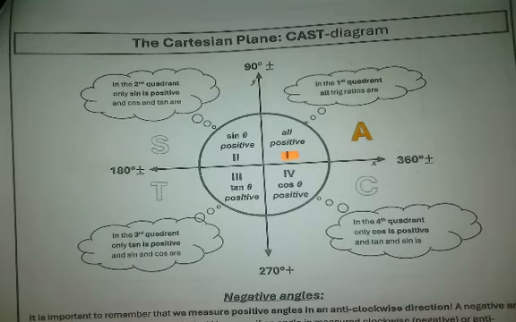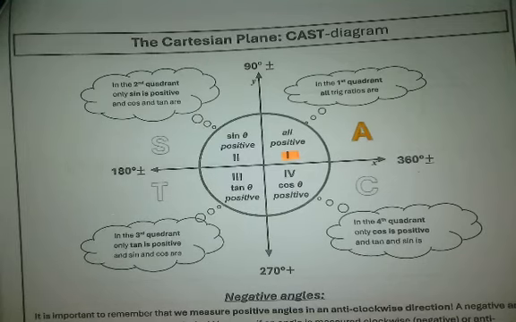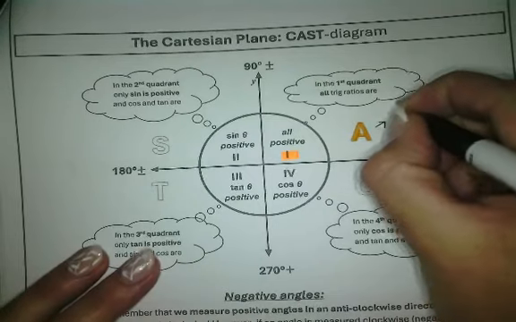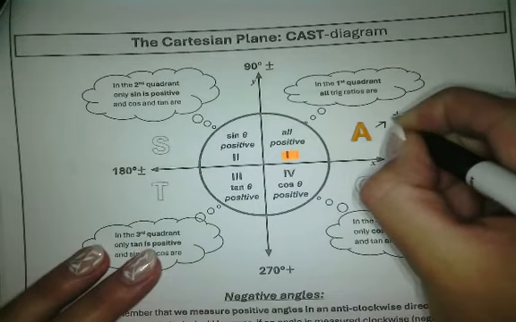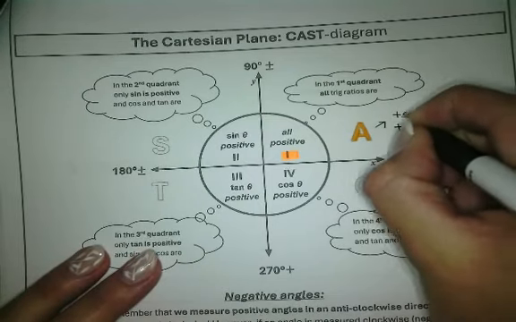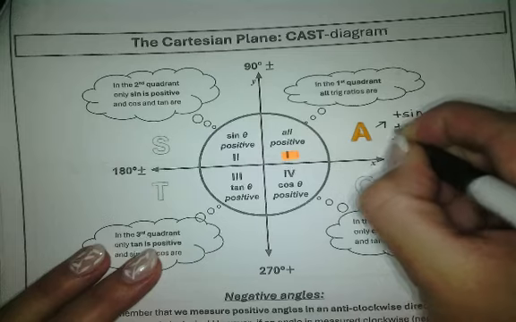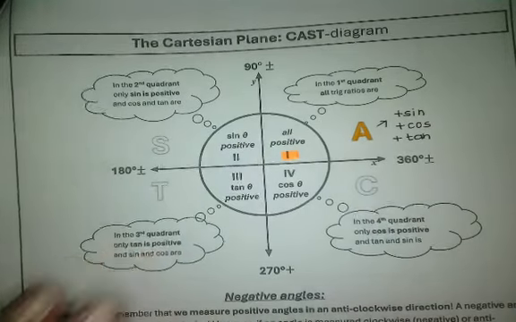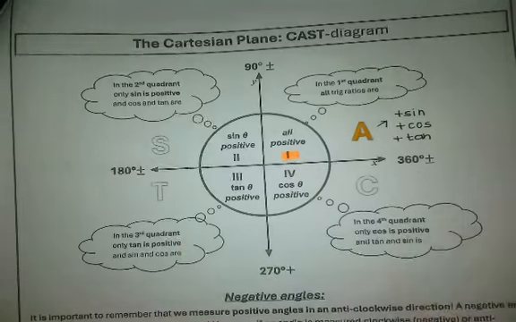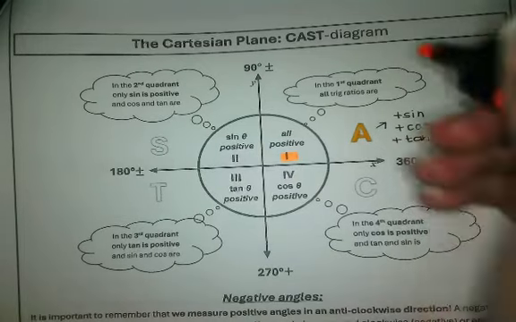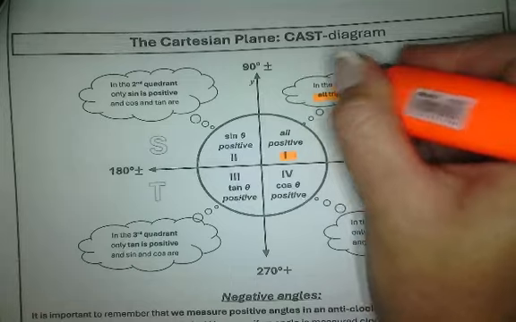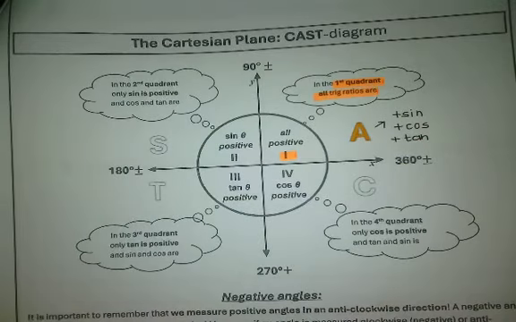All trig ratios in the first quadrant are positive, meaning sin is positive, cos is positive, and tan is positive. So see here, all trig ratios in the first quadrant are positive.